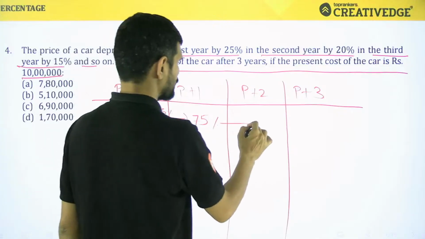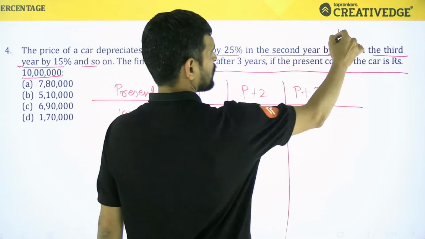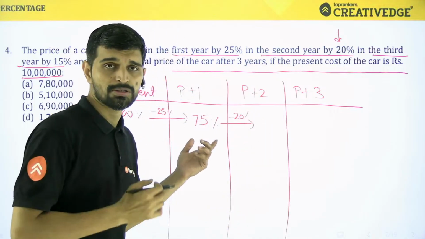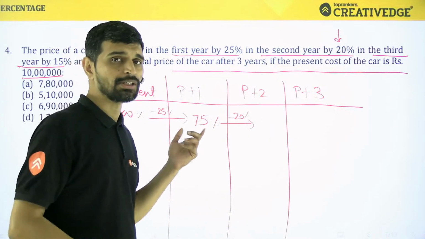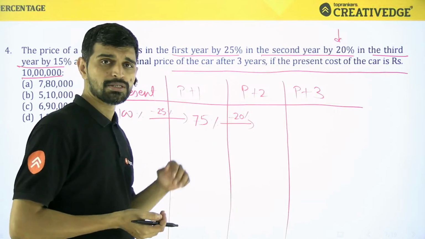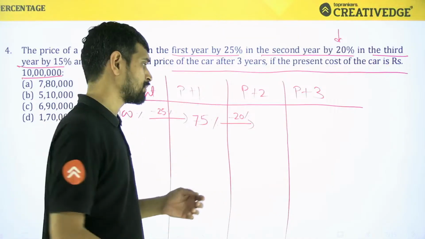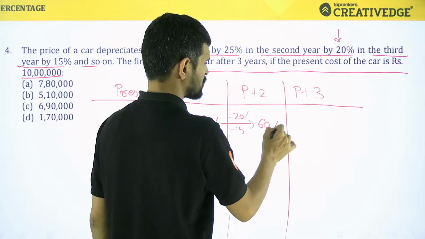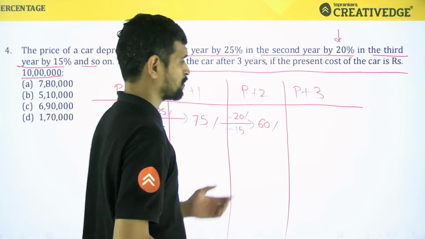Then it has been further reduced by 20%. So 20% this time reference, or this value को add 20% reduction, and that value is not 100 but 75. So 75, 10% is 7.5, 20% is 15. So I'll be subtracting 15 here and that makes it 60% of the original value.